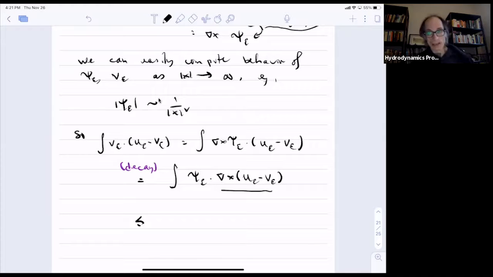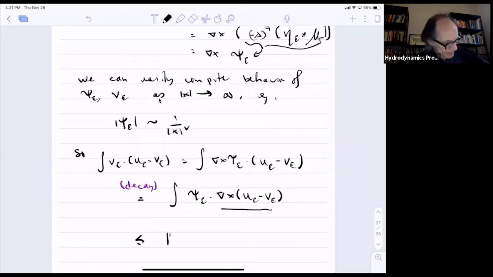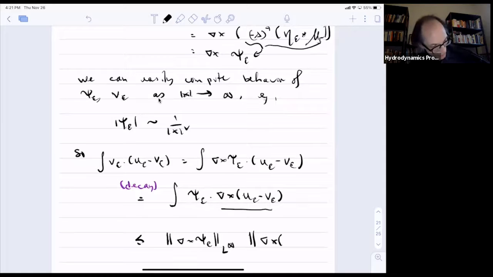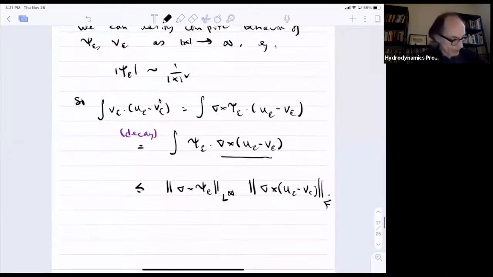And that means that if I let it act on a test function psi, whose curl is bounded by 1, then I get a small result. And so by the definition of the homogeneous flat norm, this is bounded by exactly the L infinity norm of the curl of psi epsilon times this homogeneous flat norm of u epsilon minus v epsilon. Okay, and this is of order epsilon.